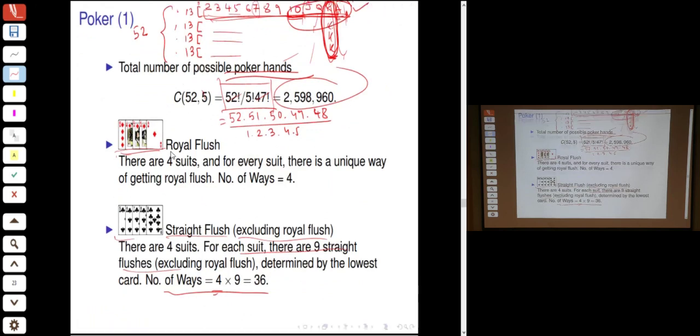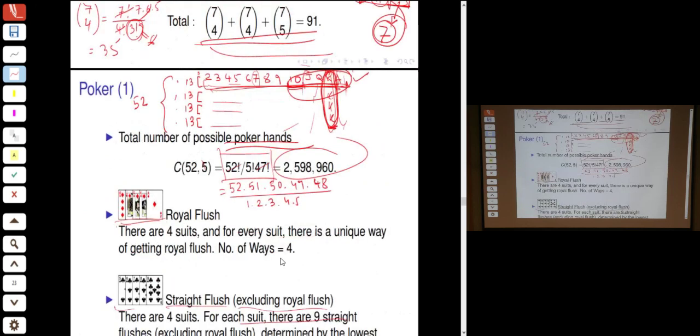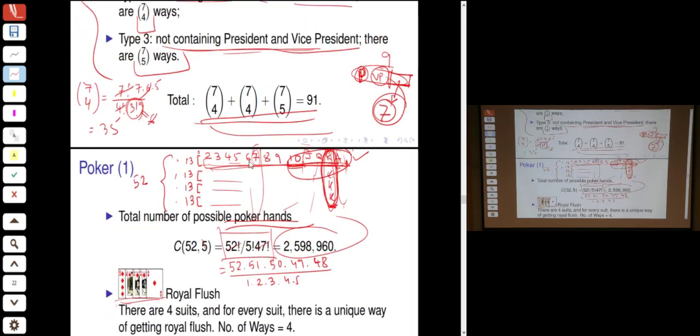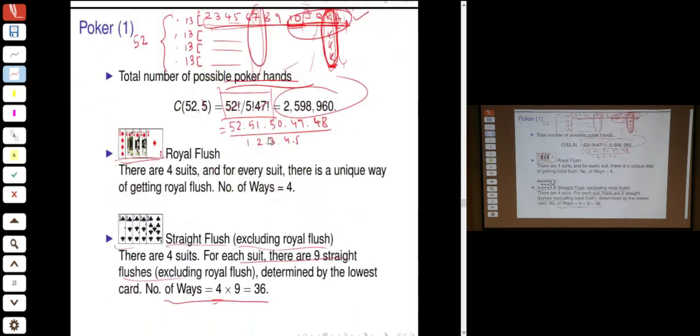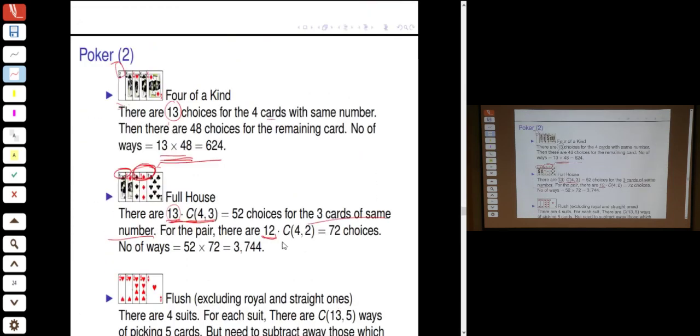There are 12 possibilities because one number has been repeated thrice. So there are 12 possibilities for the pair, and once you fix the number of the pair, let's say 7, there are again 4 cards with the number 7 corresponding to the 4 different suits, out of which you choose only 2. You do that in 4 choose 2 ways.